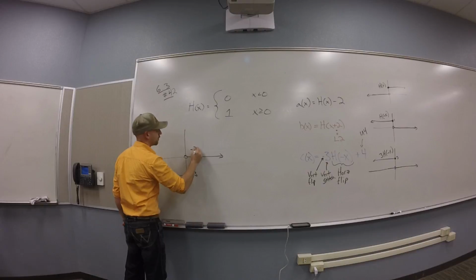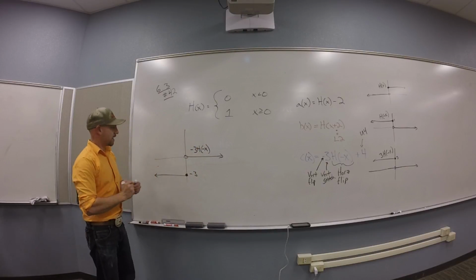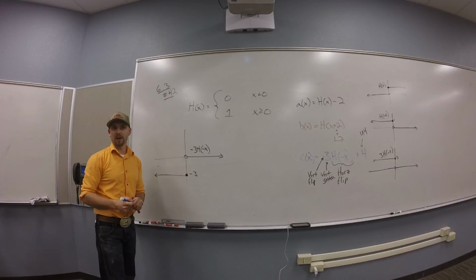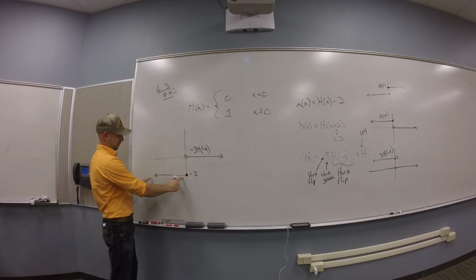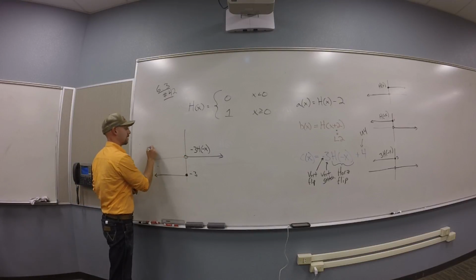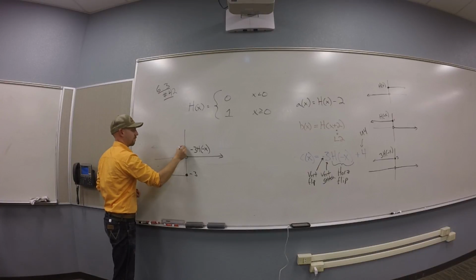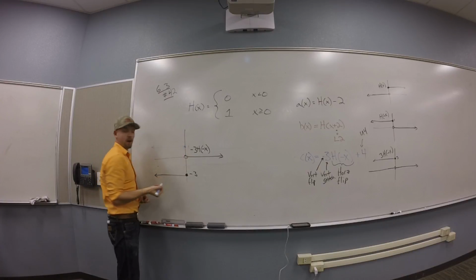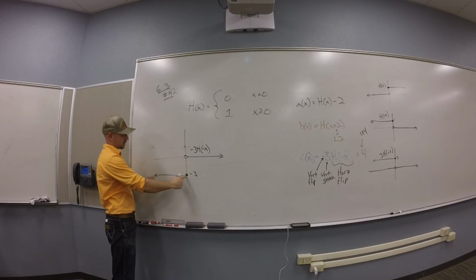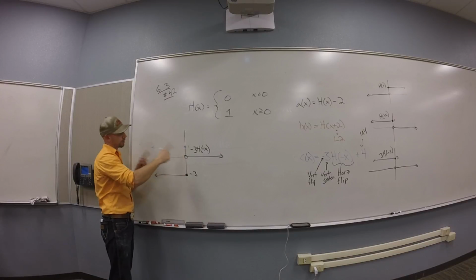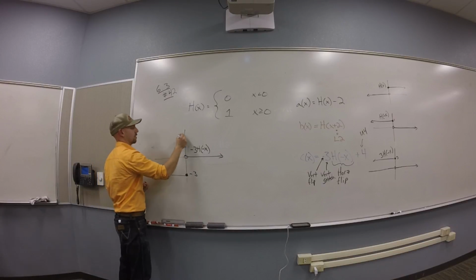So this was -3h of -x. And now, if I lift the whole thing up by 4, it's going to go up and start at 1. So that's 1 high now, right? So I took this bit, shifted it up 4. Where's the other bit end up? Up here at 4.